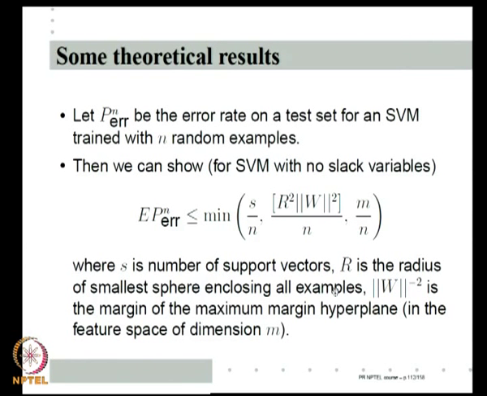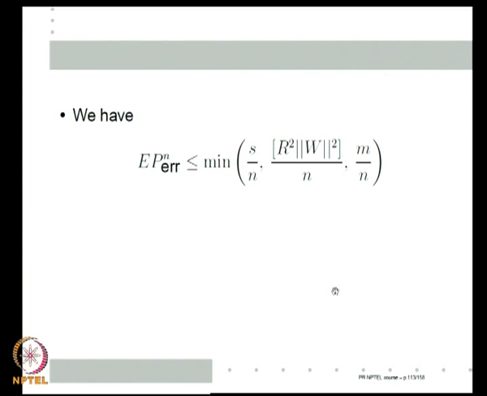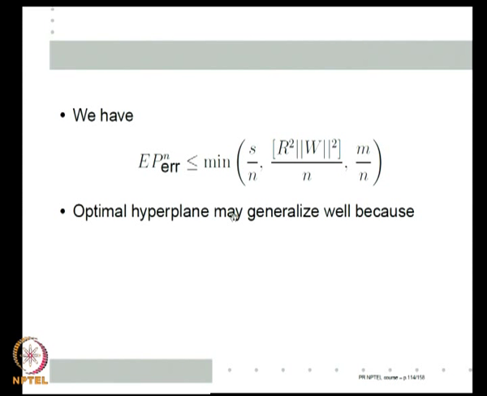Now, let us try and make sense of this. This is what we have. Expected error rate is minimum of these 3. So, we can essentially say that optimal hyperplane, as I said, everything is happening because we are learning the optimal hyperplane. Optimal hyperplane may generalize well because of many reasons. One is that the data compression is large. What does that mean?